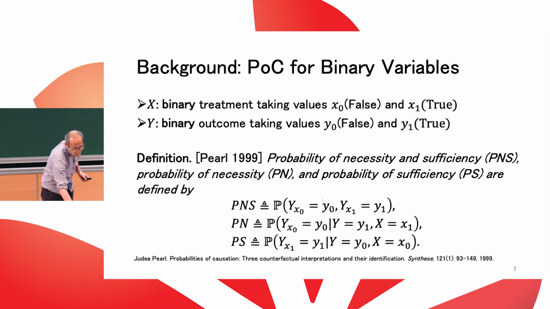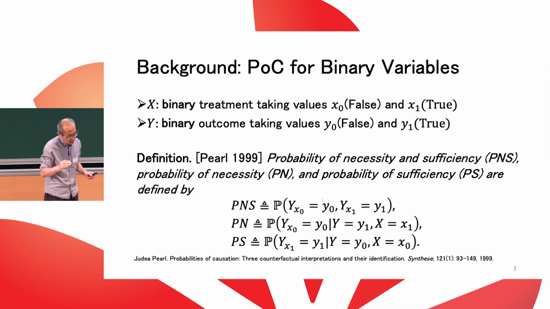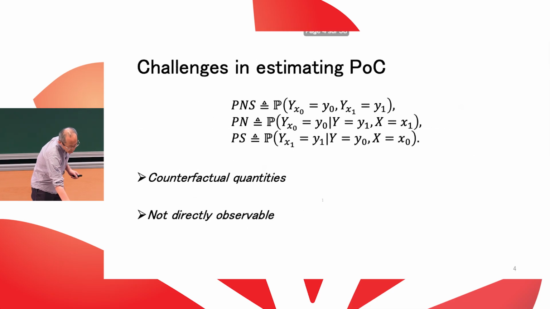And then we have the probability of both necessity and sufficiency. These three quantities define the intuition about the necessity or the sufficiency of the event x causing the event y to occur. So that's the original definition.